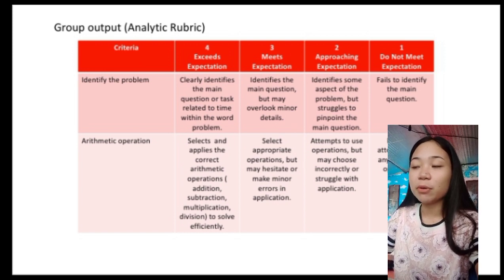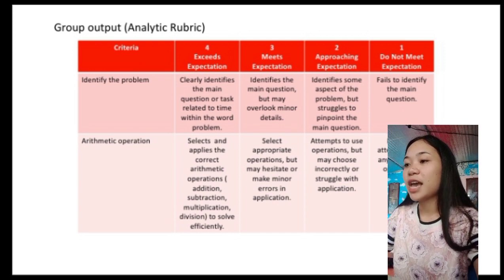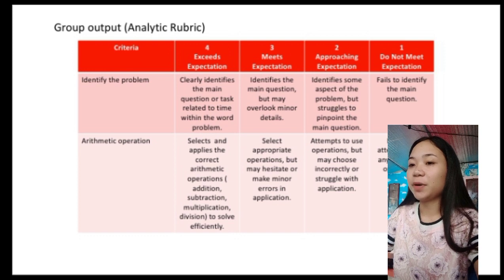They will get 3 points if they select the appropriate operation but may hesitate or make minor errors in application. They will get 2 points if they attempt to use operations but may choose incorrectly or struggle with application, and 1 if they do not attempt to use any arithmetic operations.